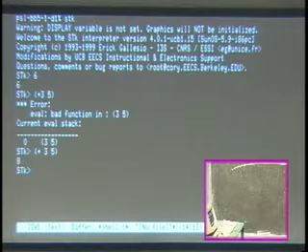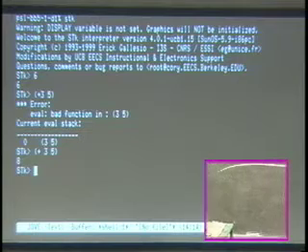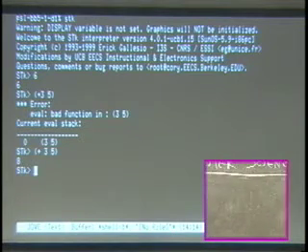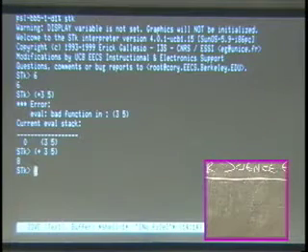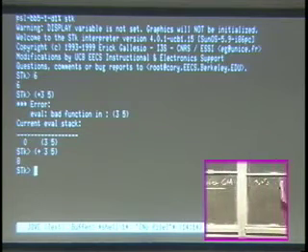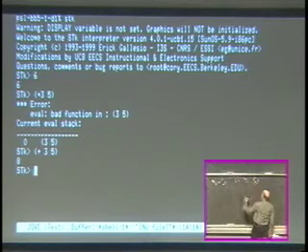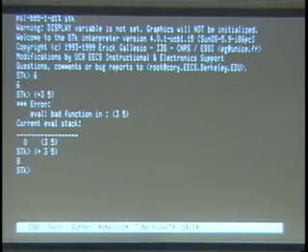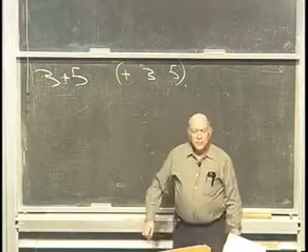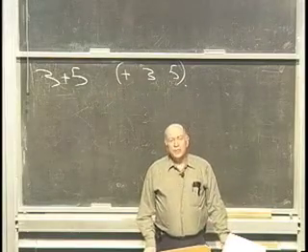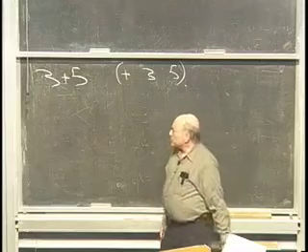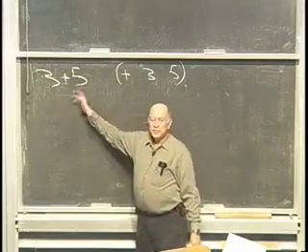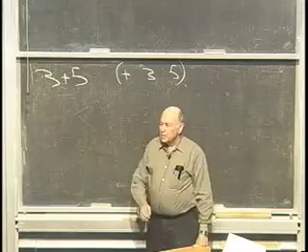This already will look a little unusual to you because you're accustomed to seeing that written 3 plus 5 instead of plus 3, 5. But the problem with this notation that you all grew up with is that there are so many different notations. So sometimes you have an operator in between operands.